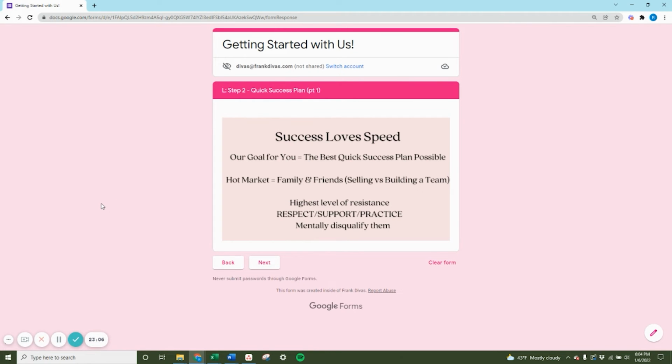So success loves speed. My goal is for you to be the best, to be successful, and to jump to those next levels as quick as possible. Some ideas to help you with that is something called your hot market. Well, what is your hot market? That's your friends and your family, and there's a difference between talking to them about the product versus building a team.